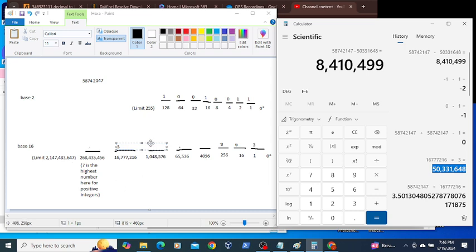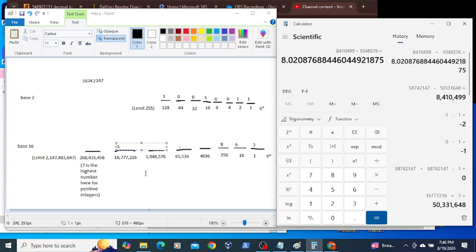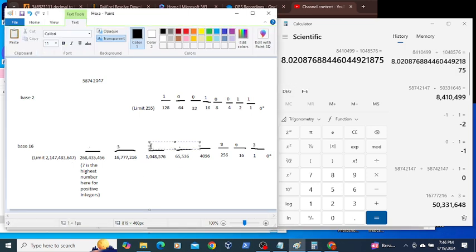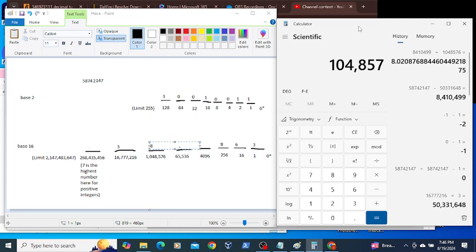8 million goes between this range, so that's probably going to be another 8 divided by 1,048,576. Just go into the next spot over here. It goes in again 8 times. So it's tedious, but I'm typing this same number again times 8 to get that nice clean number.